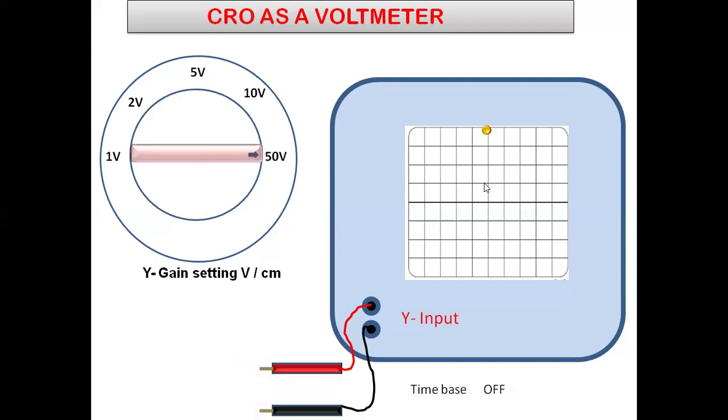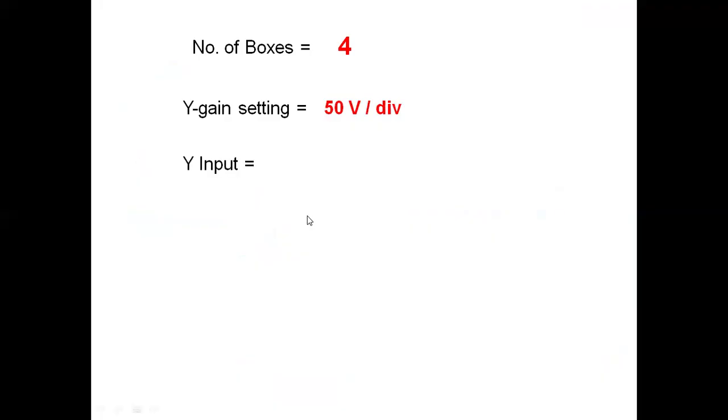Number of boxes, we can see it again: 4 boxes. 1, 2, 3, 4, and the Y gain setting is 50 volt per centimeter. So the Y input is the number of boxes multiplied by the Y gain setting. That is 4 times 50, 200 volt.